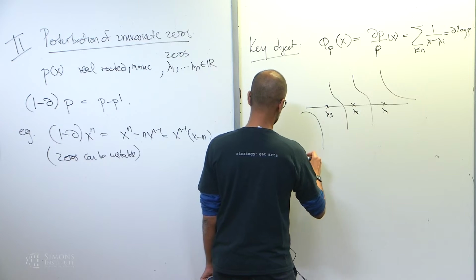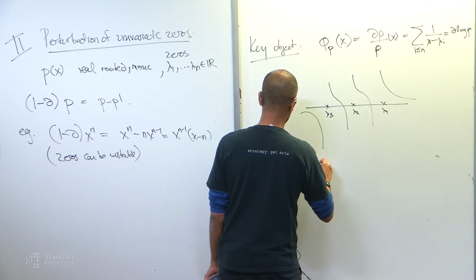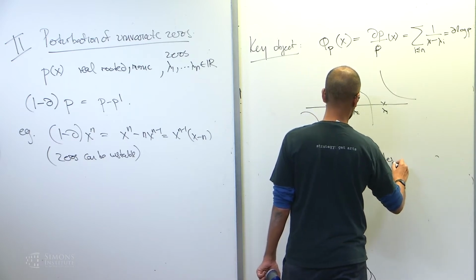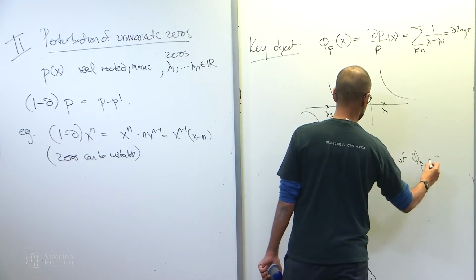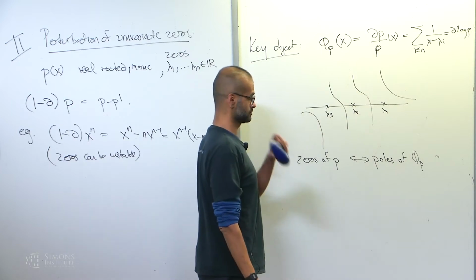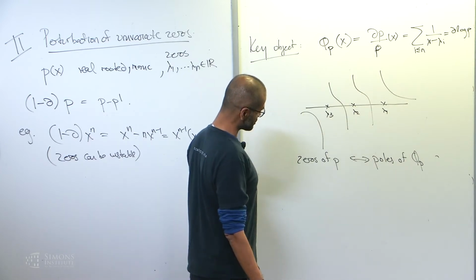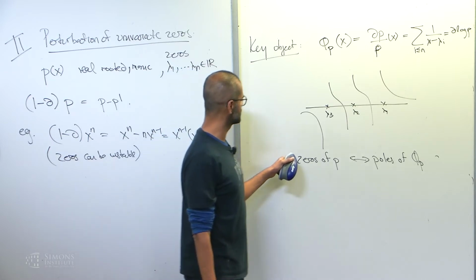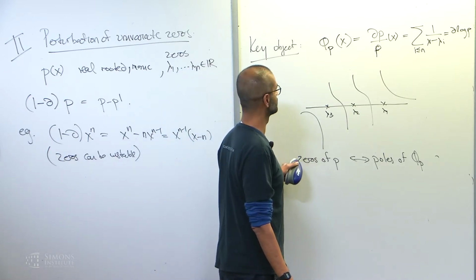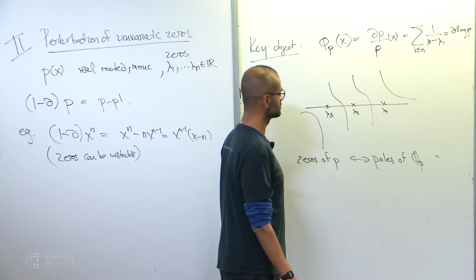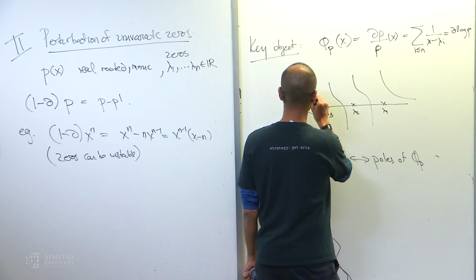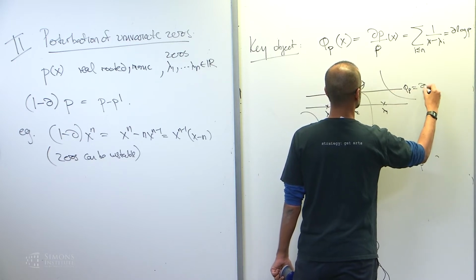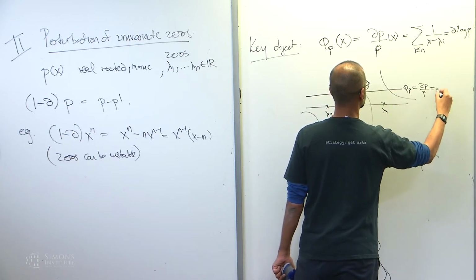And one obvious thing is that the zeros of p correspond to the poles of the barrier function. That's obvious. The interesting thing from the point of view of these differential operators is that this barrier function actually also tells you the zeros of p minus its derivative. Why? Well, let's say you look at the level set where the barrier function, which is just p prime by p, equals 1.